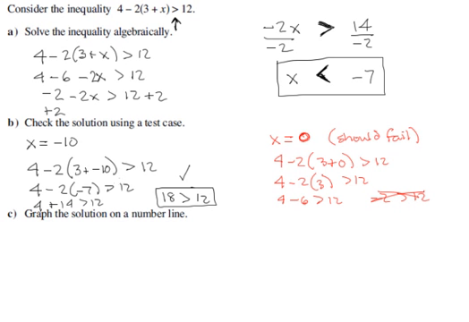Those are test cases. If you graph the solution on a number line, let's see, we have 0, -1, -2, -3, -4, -5, -6, -7, -8, -9, -10.